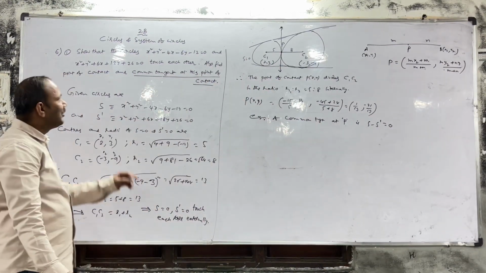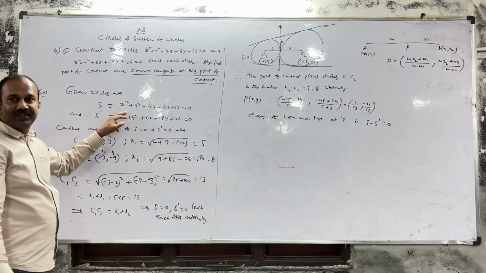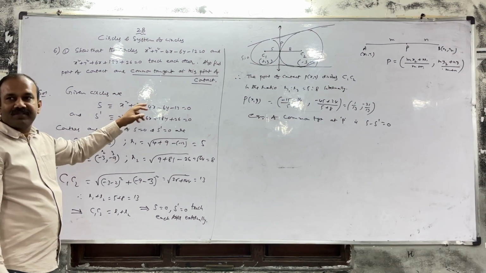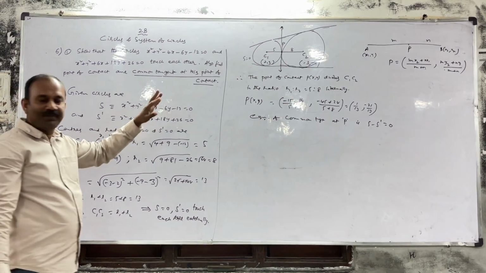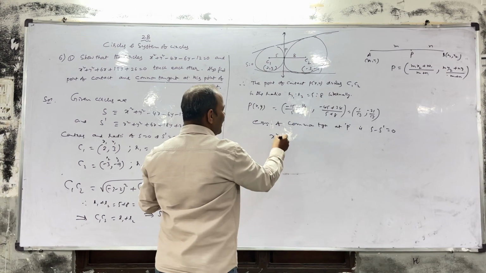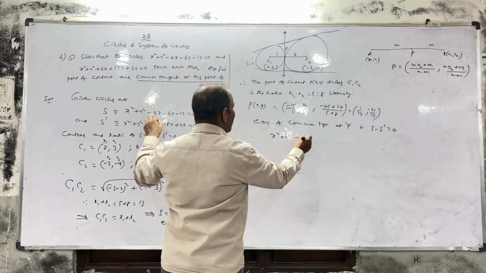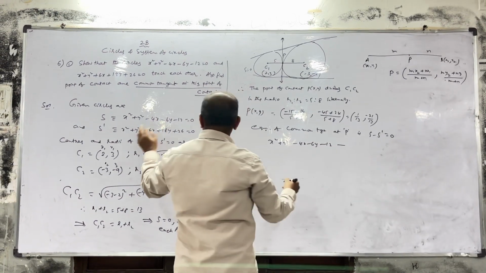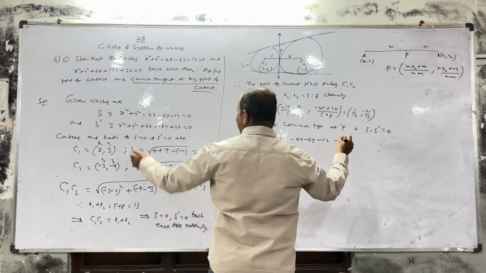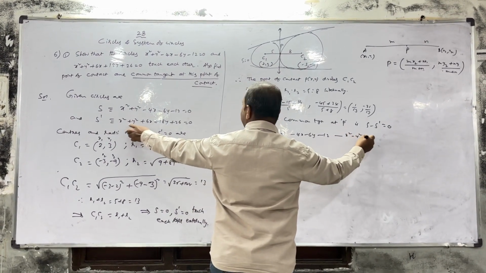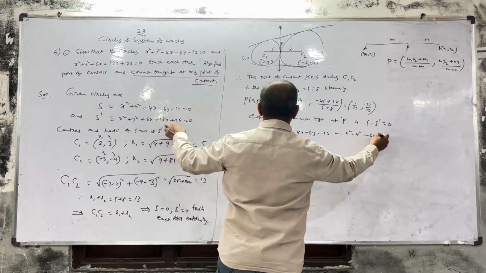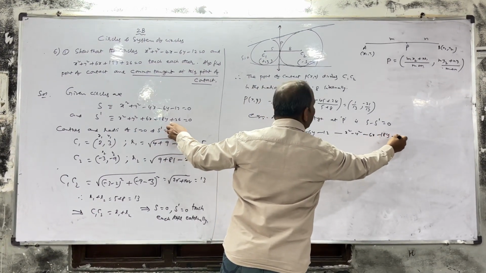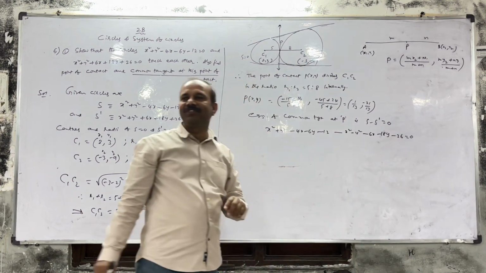S minus S dash means, since the given circles are in general form, x square plus y square plus 2gx plus 2fy plus c form. First circle, x square plus y square minus 4x minus 6y minus 12, minus the second circle, x square plus y square minus 6x minus 18y minus 26, equal to 0.